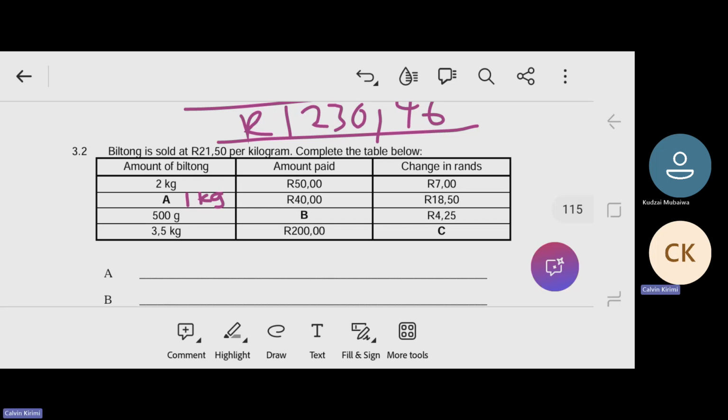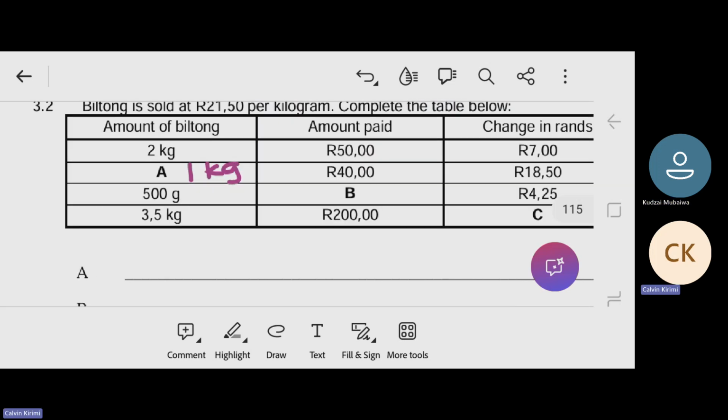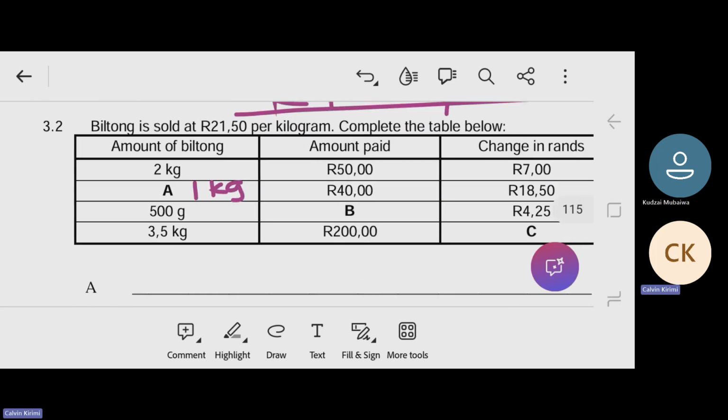He bought how much? 3.5 kilograms. How much is 3.5 kilograms? Yes, I'm still working it out. So it's 21 rand 50 times 3.5. That's right. What do you get? 21 rand 50 times 3.5.